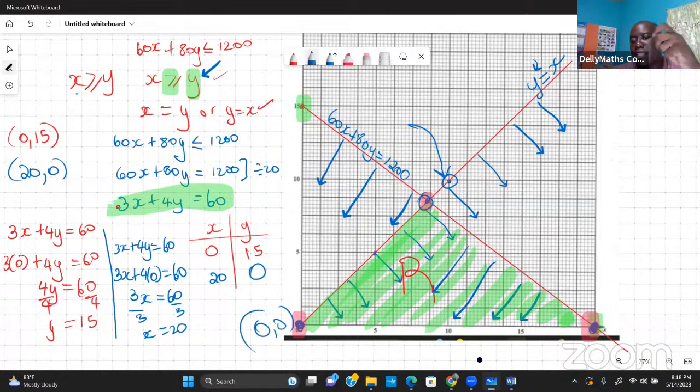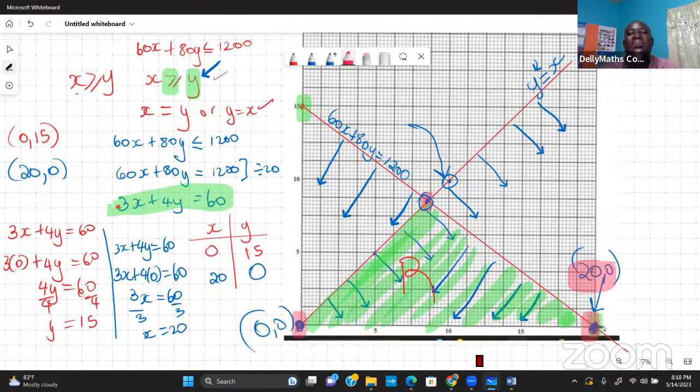But what I love is that this one down here is 20, 0. That means it's the biggest, because this is less than 10 for x, less than 10 for y. If I add them, I won't get something as big as 20, because 20 plus 0 is still 20.